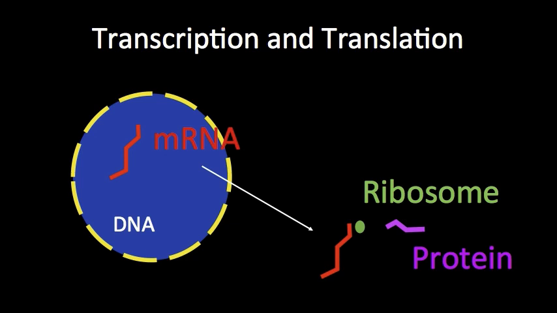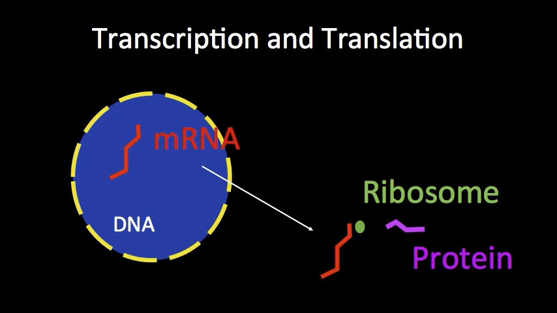A ribosome makes protein from a template, and that template is called mRNA, and the template is produced as a duplicate of a particular piece of the DNA. That's called a gene, and we've all heard of what a gene is.